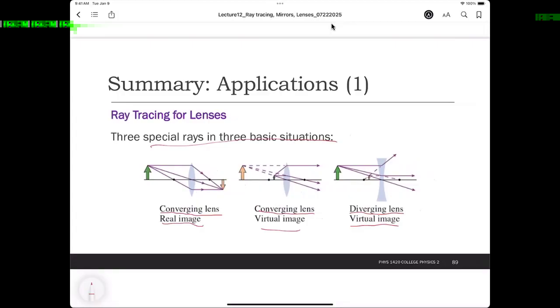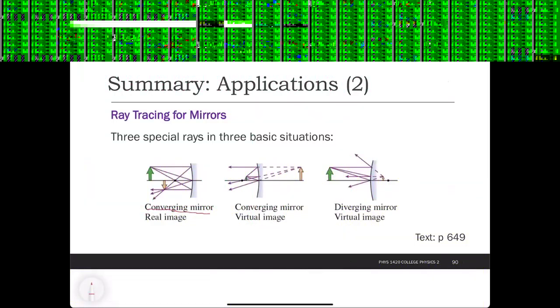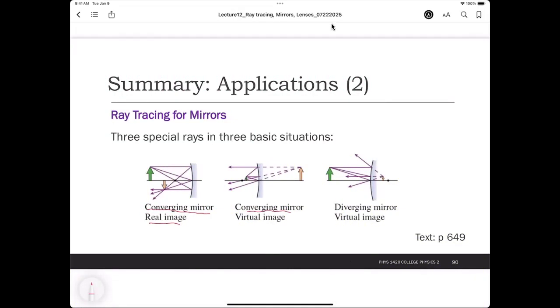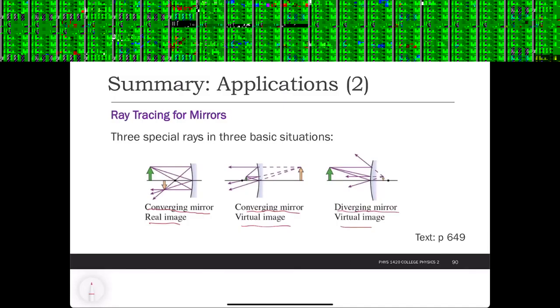For the diverging lens, there is no real image, just one situation. Okay, this is ray tracing for lenses, and this is for mirrors, a similar thing. This is a converging mirror with the real image, a converging mirror with the virtual image, and this is a diverging mirror, the virtual image.